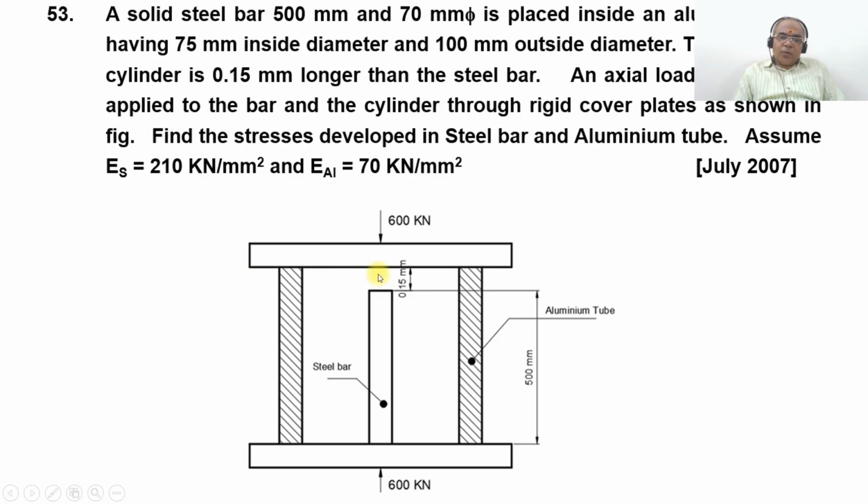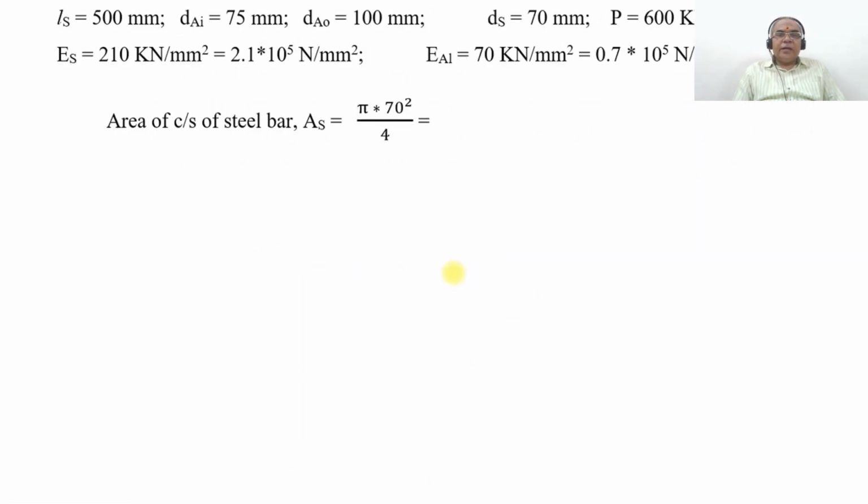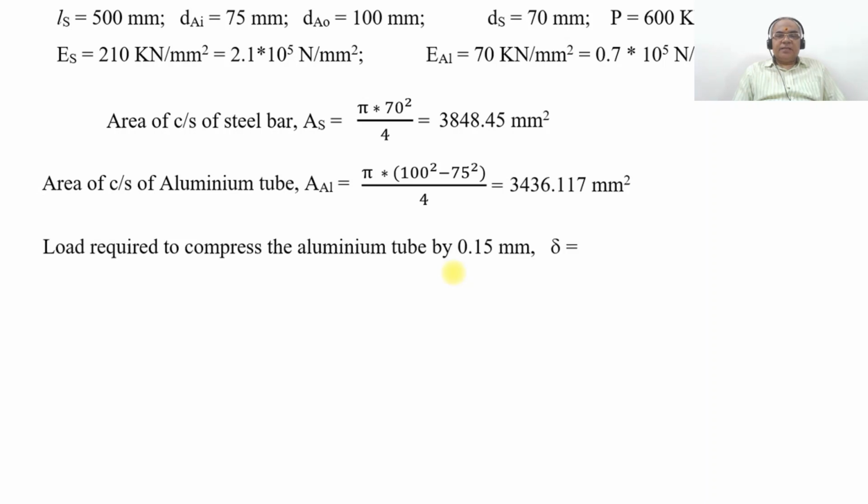Then we need to calculate first the load required to compress this much amount. Only after the compression of 0.15 mm will both the aluminum tube and the steel rod be in contact with the rigid plate. That is the reason why we need to calculate the load required to compress 0.15 mm. So what is that formula?